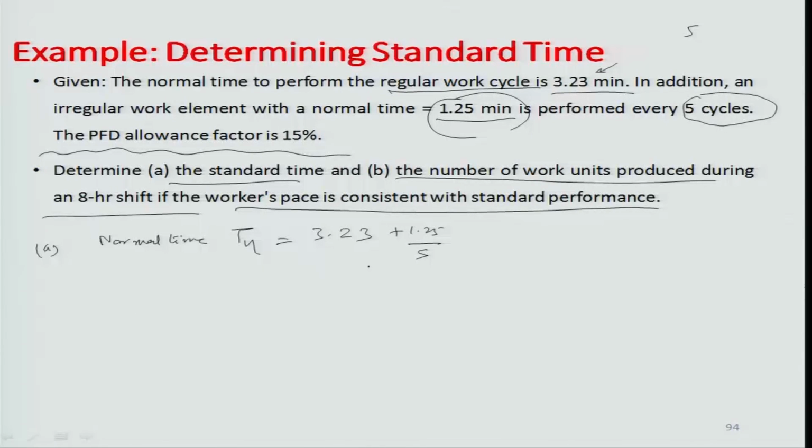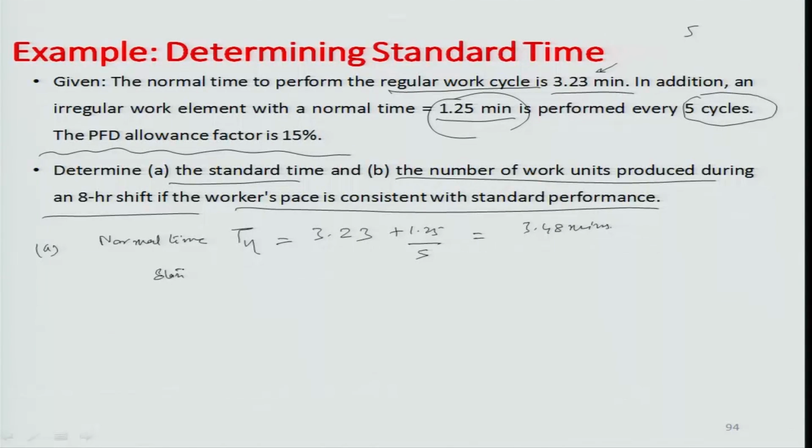Now here the irregular work cycle of 1.25 happens after every 5th cycle, but we are taking this time into account as an average between all the 5 cycles to ease our calculations. So this comes out to be 3.48 minutes, okay, and we want to determine the standard time.